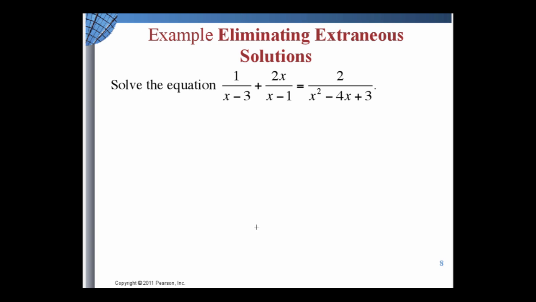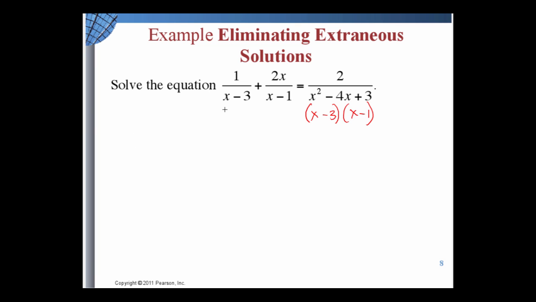Here's a little more complex problem. We have three fractions in our equation, so we need to determine the least common denominator of all of those. And anytime you're determining the least common denominator, everything needs to be factored. So x squared minus 4x plus 3 can be factored into x minus 3 and x minus 1.